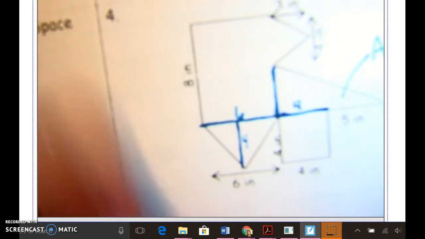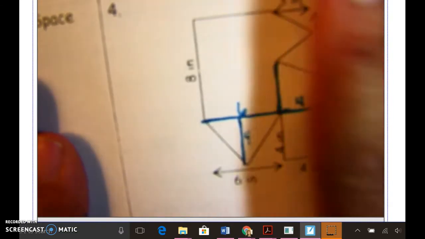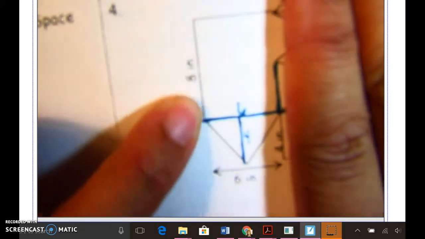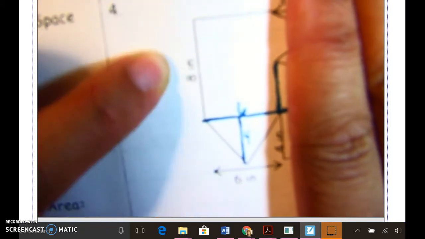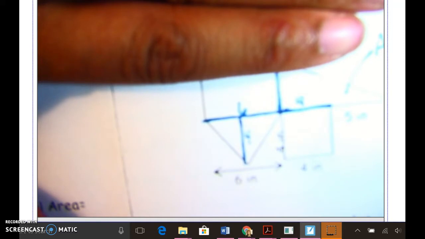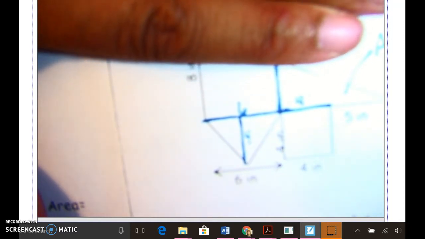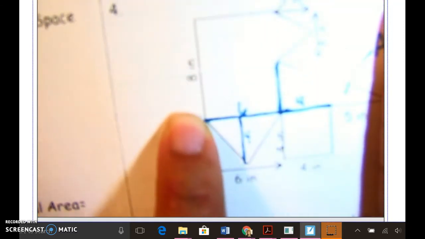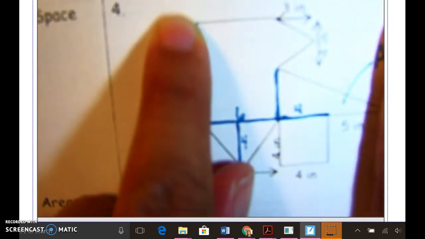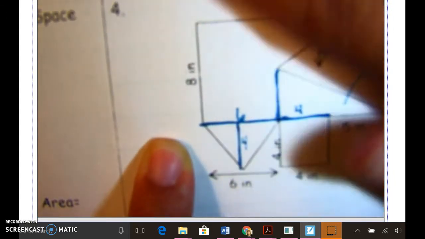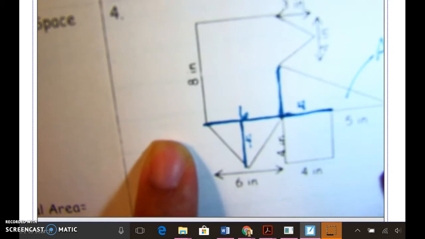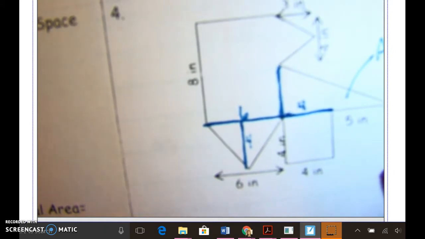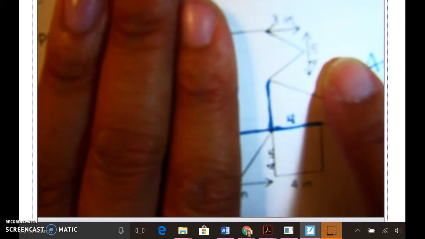What about the base? Well, let's look at this. All of this is 8. So how much is this part? How much is this much? Well, I have a little clue up here.